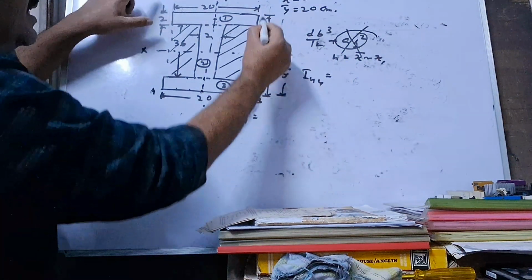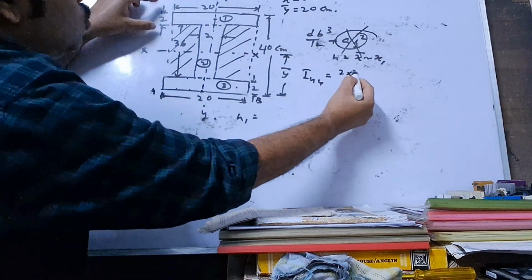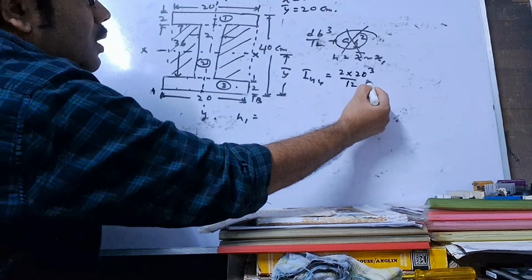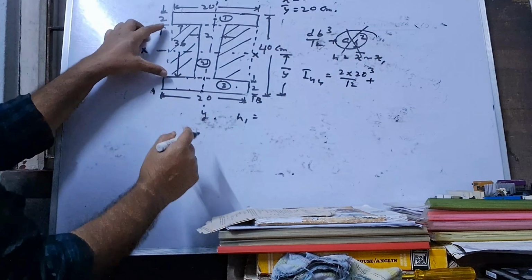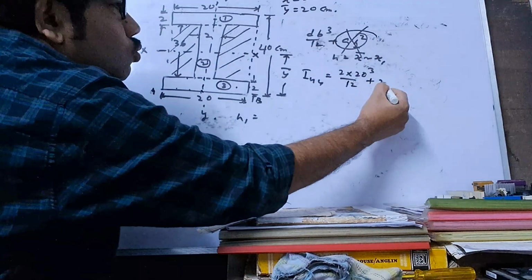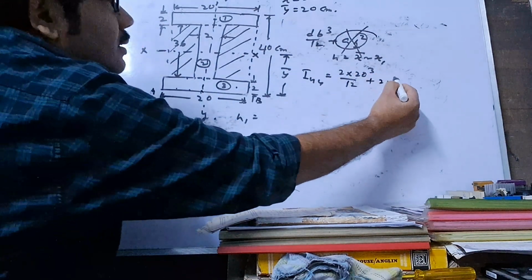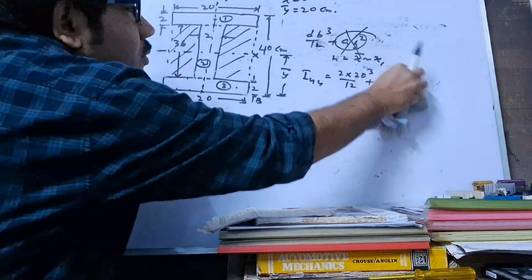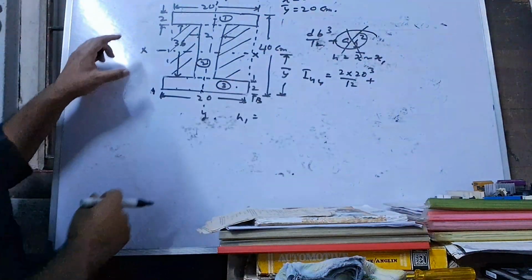So for one section, this d, 2 into b, 20 cubed by 12, plus for two section, this is 2 into 36 into db cubed by 12.